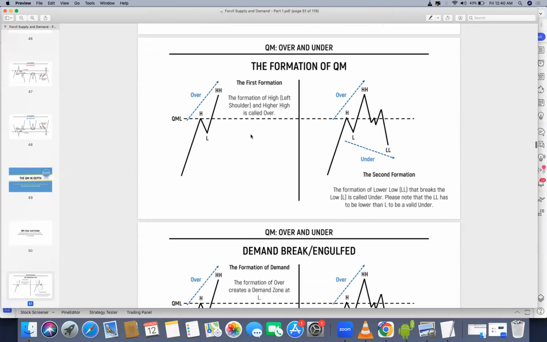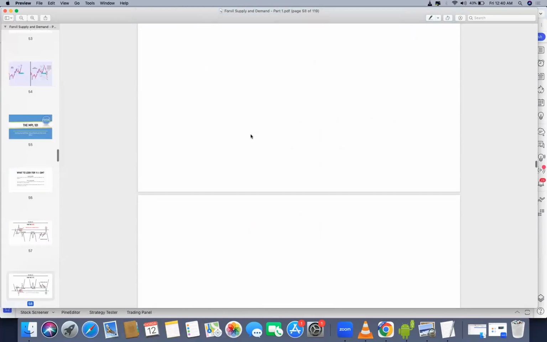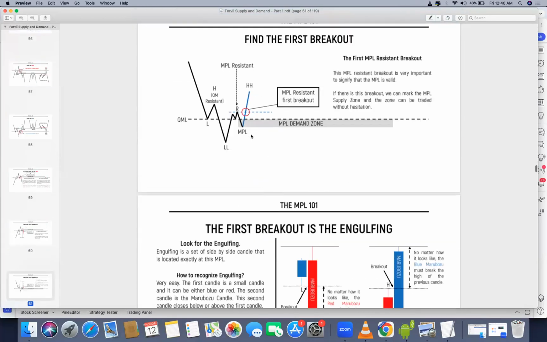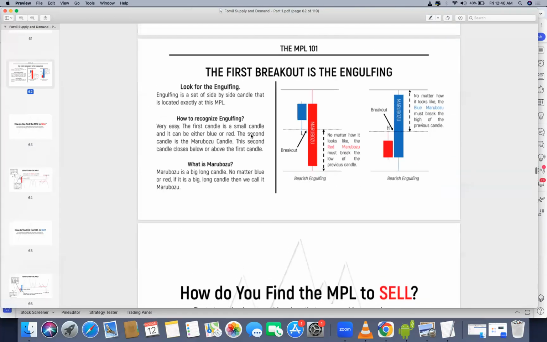After that, I think that would be the end of supply and demand zone, because most of everything we're going to talk about is going to be chart patterns and how to identify the first breakout and the engulfing, and I think we've talked about this in candlesticks and market structure. So these are things we've talked about already.